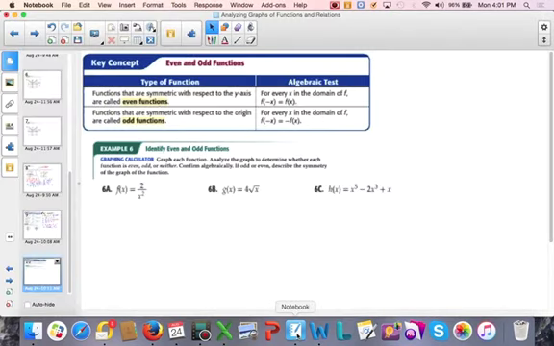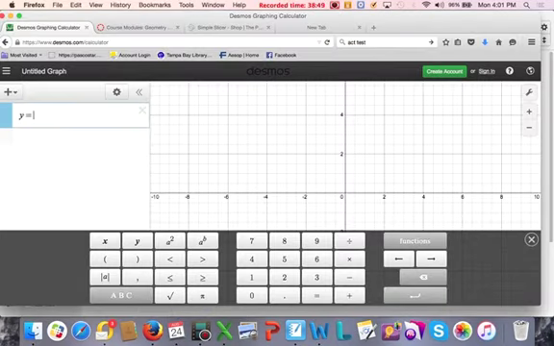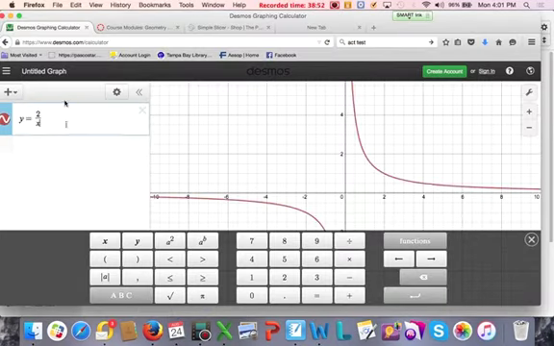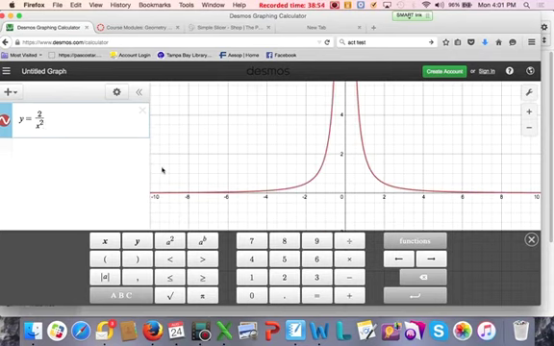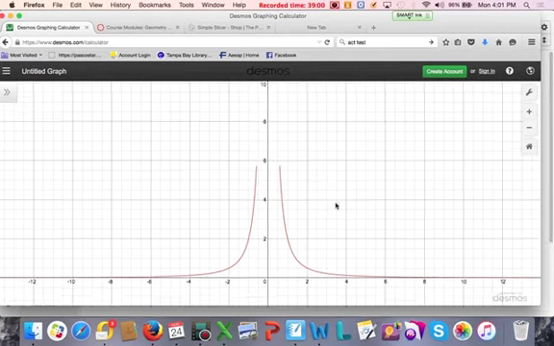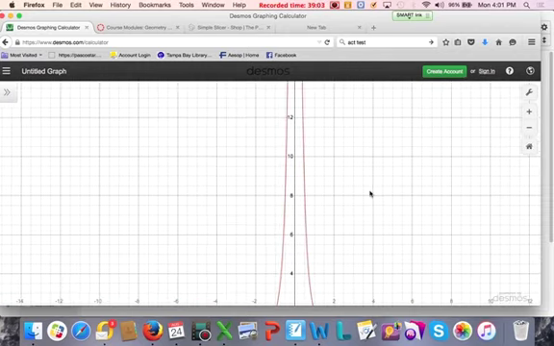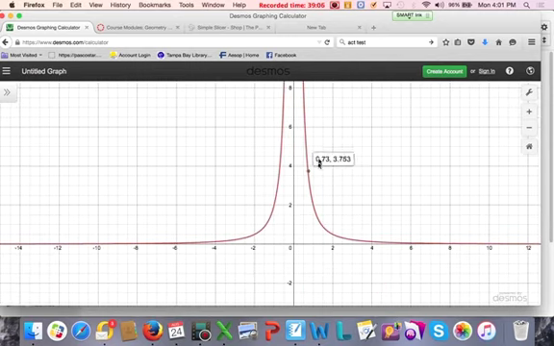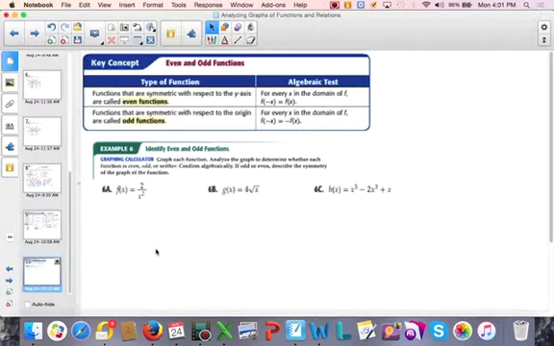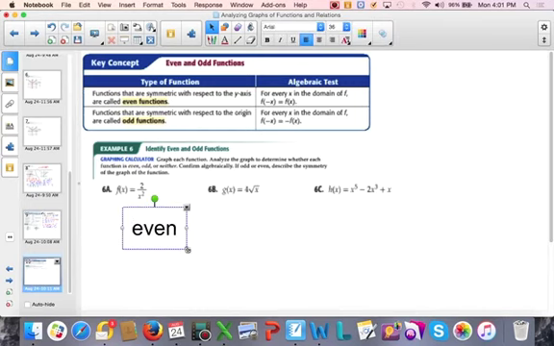So the first graph that they wanted us to look at was 2 over x squared. And looking at this graph, I would hope that you would notice that it looks like it's symmetrical over the y-axis. And if it's symmetrical over the y-axis, remember that means it's even.